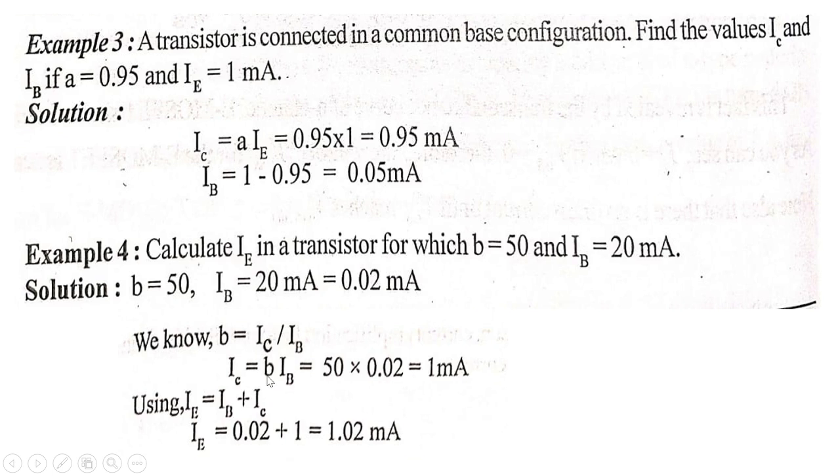So IC equal to beta into IB, that is 50 into 0.02, so that is equal to 1 ampere, and using IE equal to IB plus IC, so IE equal to 0.02 plus 1, that is equal to 1.02 ampere.